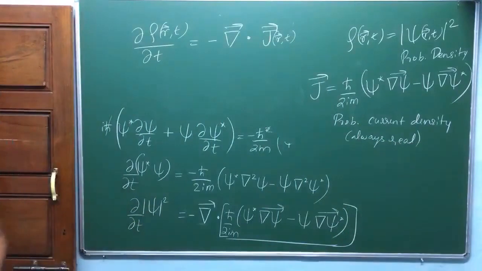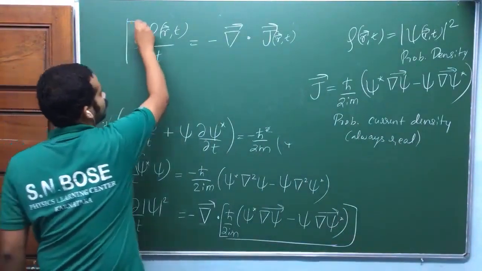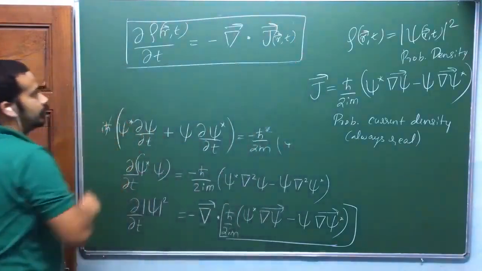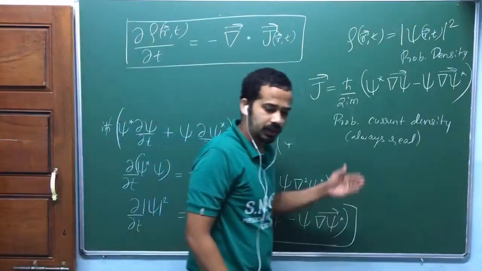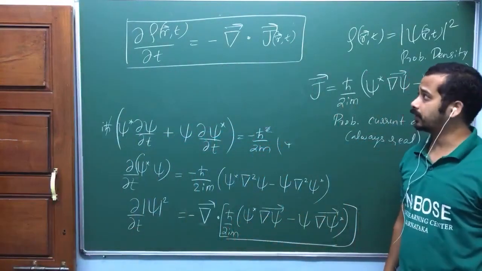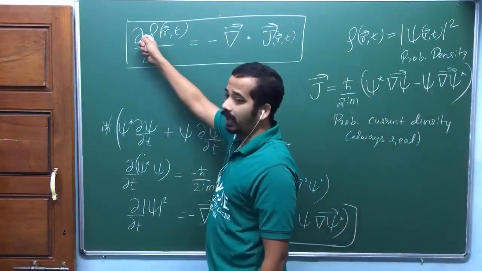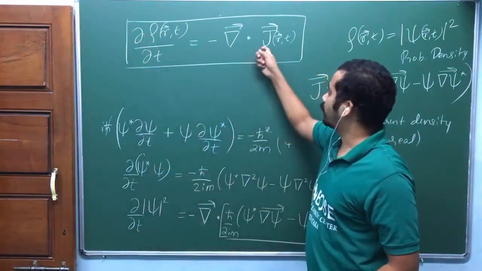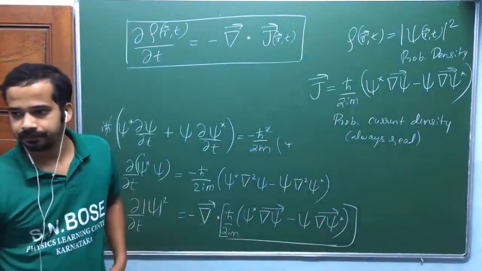I think this equation comes from the continuity equation. This equation is the continuity equation. We need to look into this equation now. This is the famous continuity equation. This comes in fluid dynamics. This comes in electrodynamics. In many cases it will come. In electrodynamics, this will be your charge density and this will be your current, electron current usually, current due to charges.